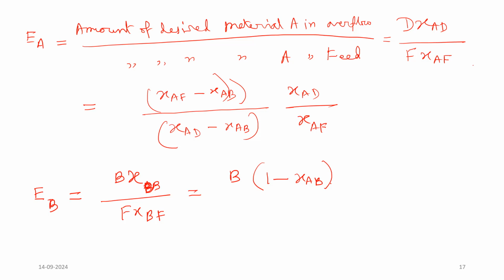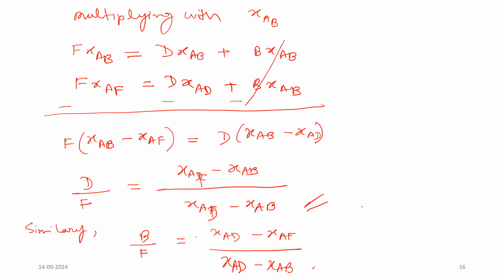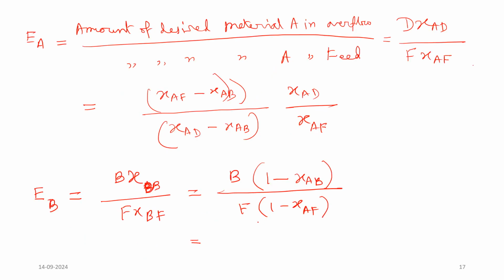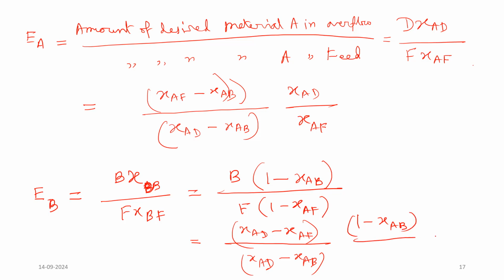Similarly it will be F into 1 minus XAF. And again we know the expression of B by F, that will be XAD minus XAF divided by XAD minus XAB, into 1 minus XAB over 1 minus XAF.